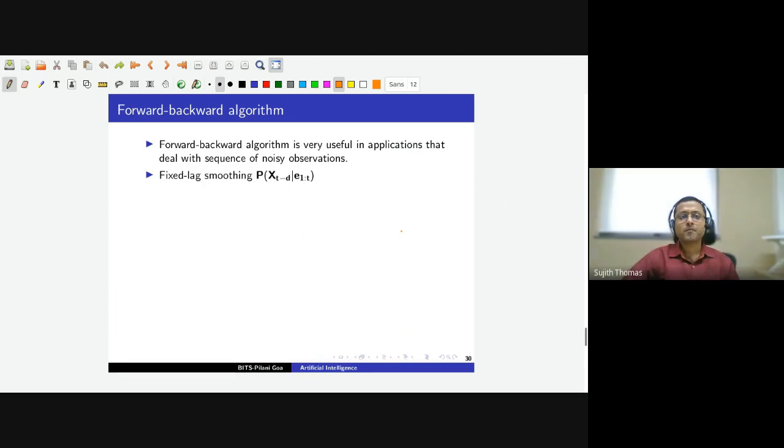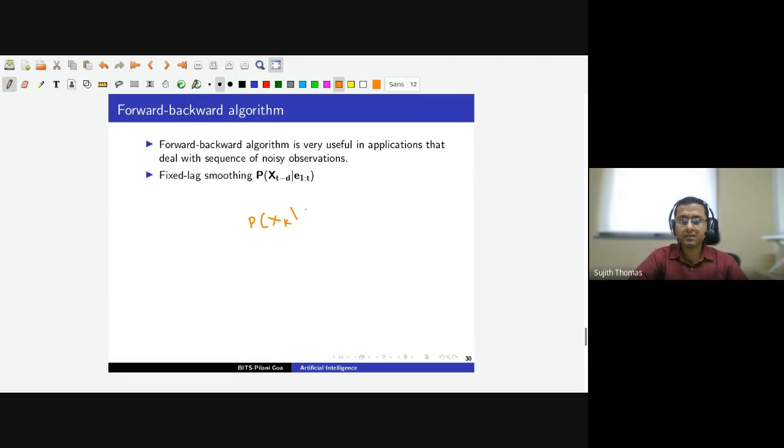Afternoon all. In the last lecture, we were looking at the forward-backward algorithm. So we were trying to find an efficient algorithm for smoothing. Basically, we want to estimate the probability of hidden variable X_k for some time step which is less than t.